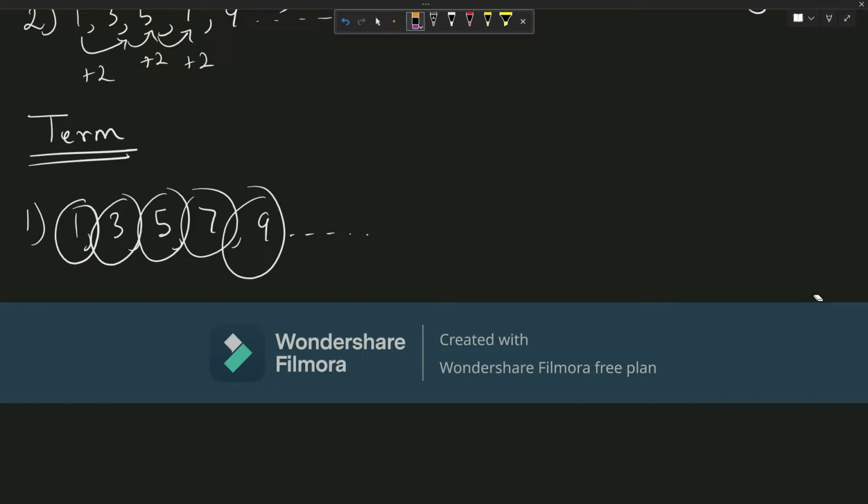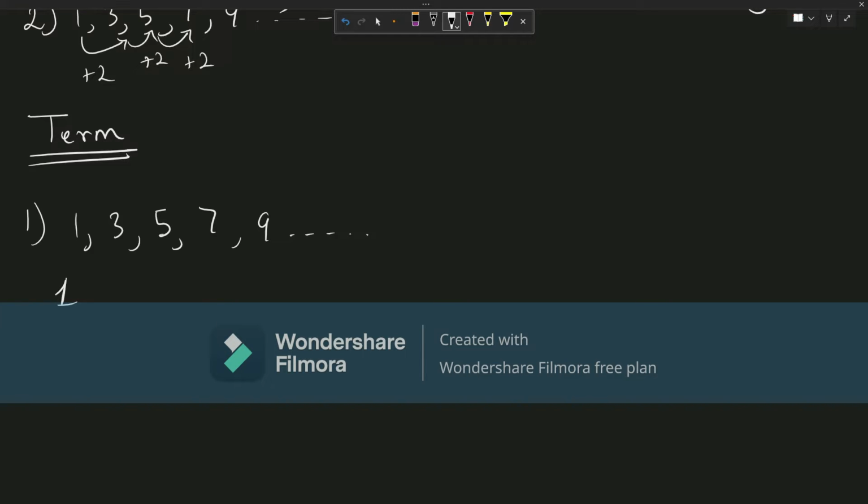So a term is just a number in the sequence, right? So I can say first term. This number 1 is the first term of this sequence, right? 1 is the first term.